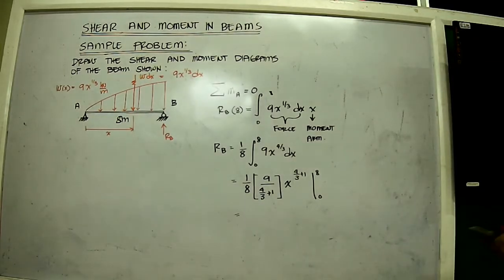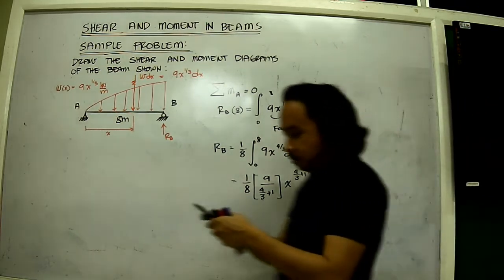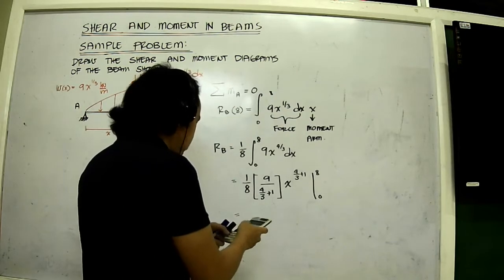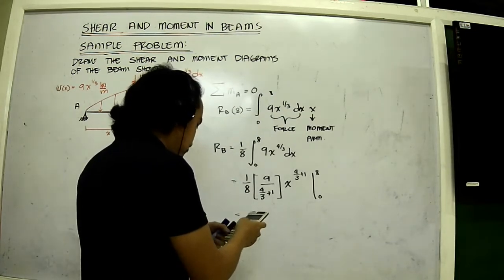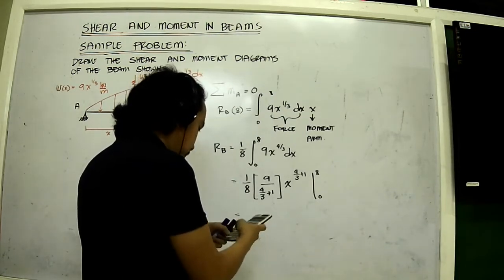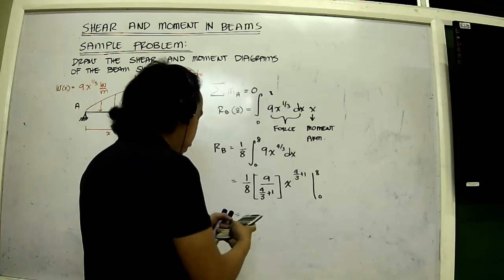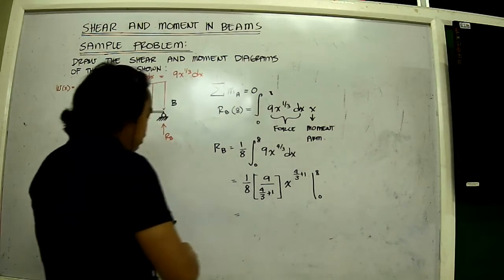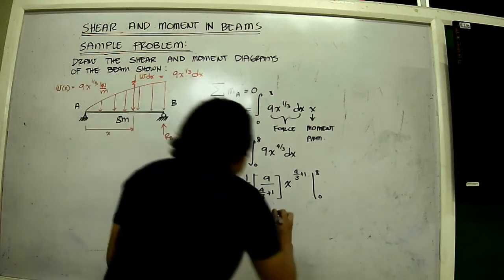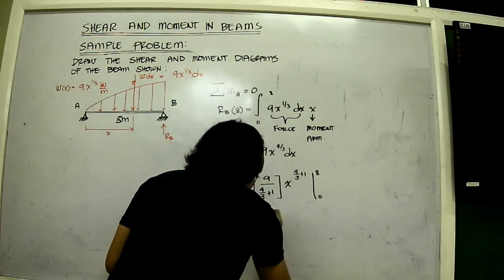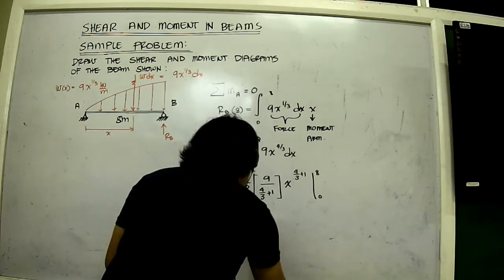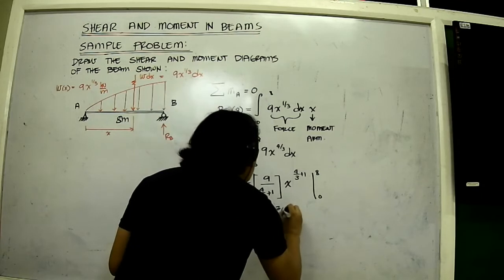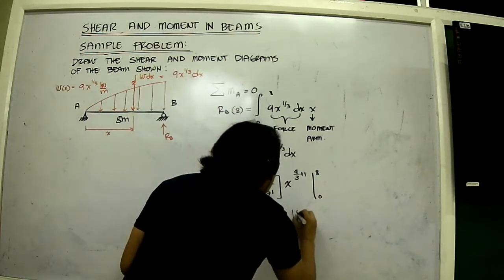Okay, continuing on, all of this should be equal to 27 over 56 x^(7/3) from 0 to 8.